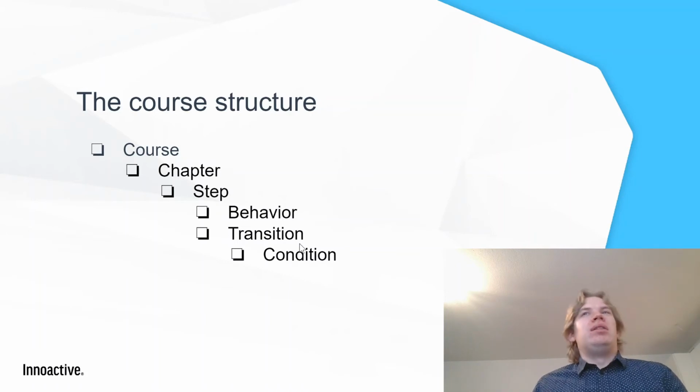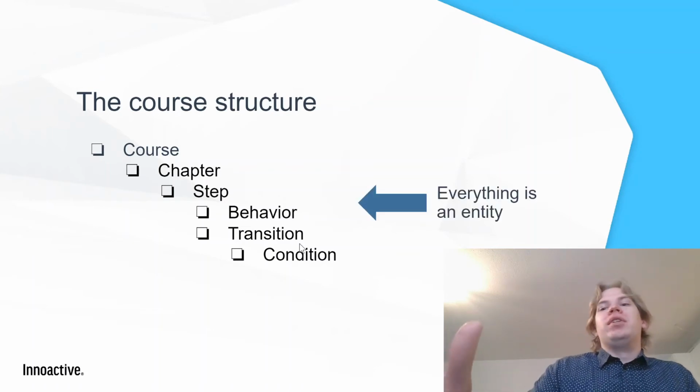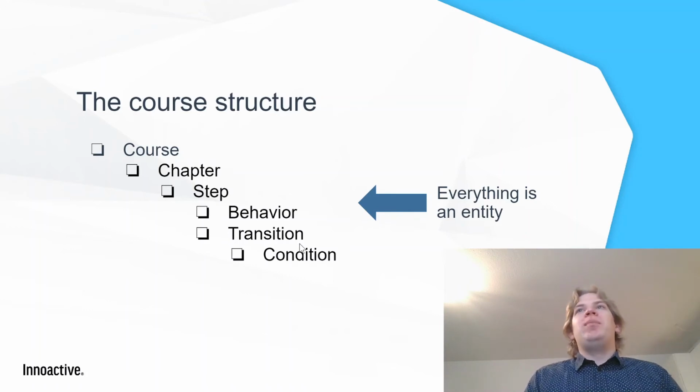Because if you compare behavior to a course, or condition to a course, there is no obvious correlation or obvious similarity between them. So the similarity is that internally every one of these things, course, chapter, step, and so on, is an entity.